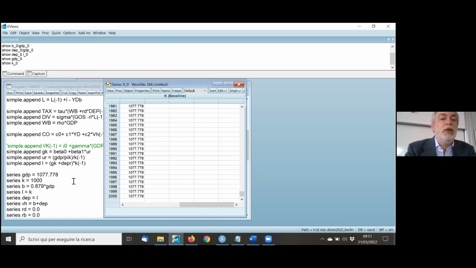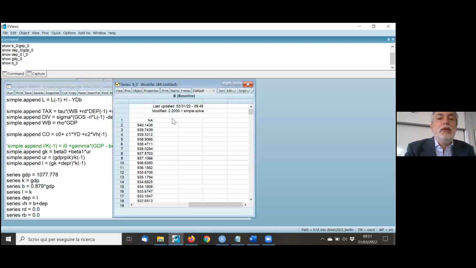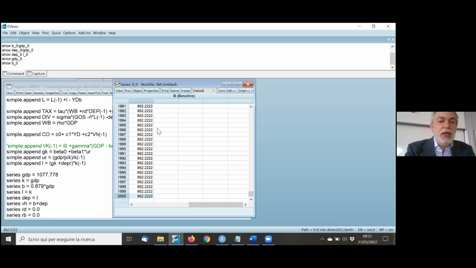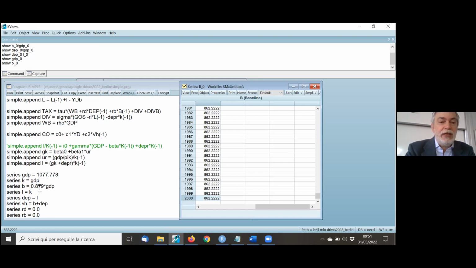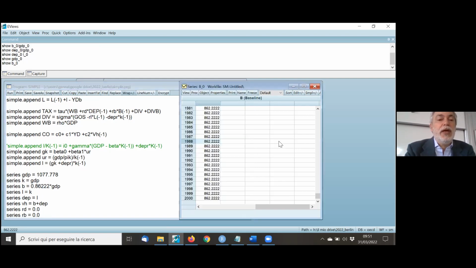Yes, it's going to be equal to GDP given the parameters we have chosen. The stock of bonds is converging to 862, so slightly less than what we had.